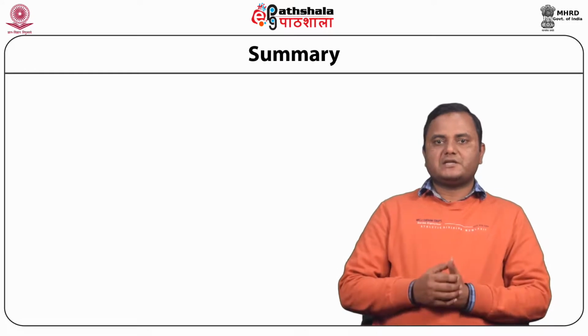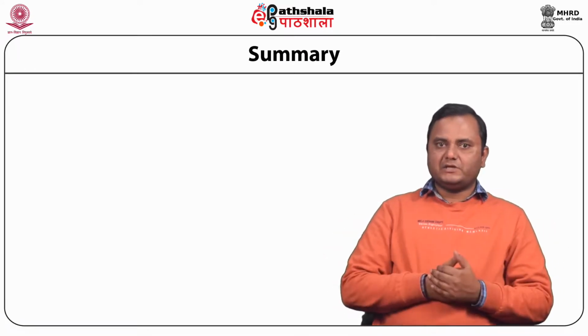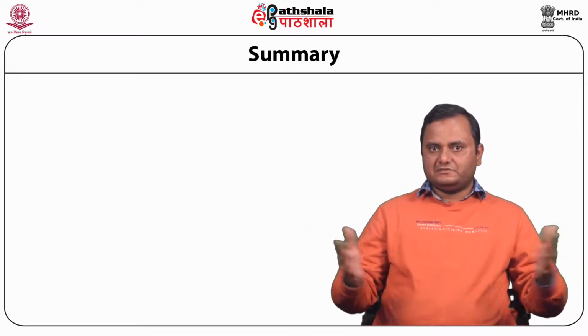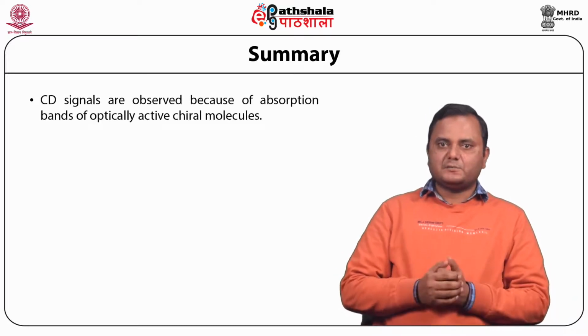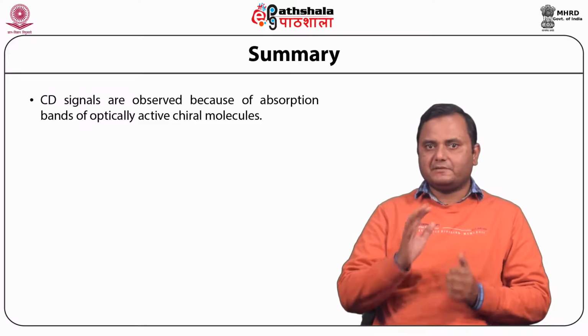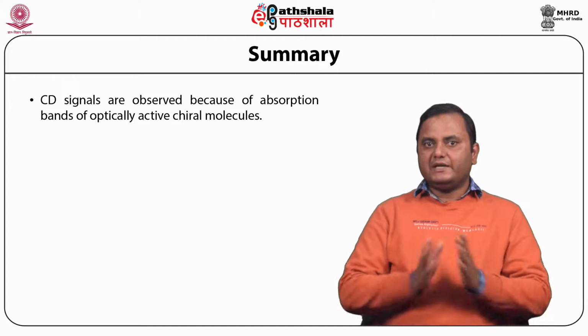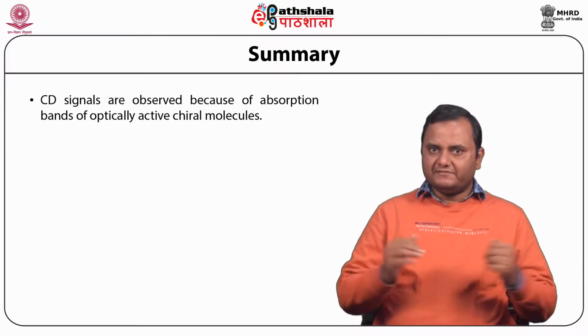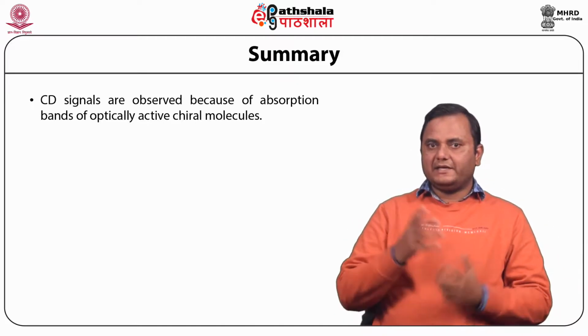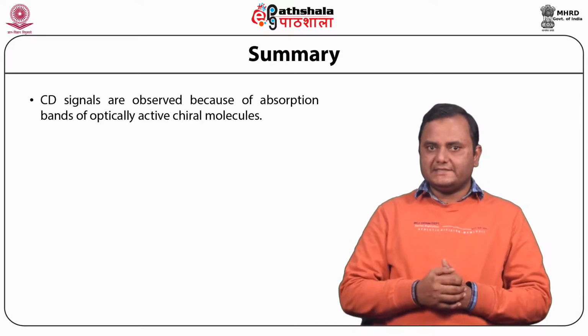So students, let's now summarize what we have learned in this module. We discussed that CD signals are observed because of absorption bands of optically active compounds in circularly polarized light. So only optically active compounds give the CD signal, and an achiral molecule doesn't give any CD signal.